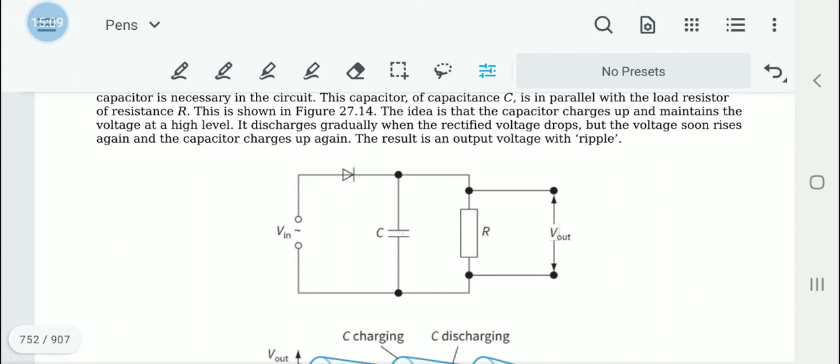However, when the voltage rises again, the capacitor will also charge, and this cycle results in a small ripple.